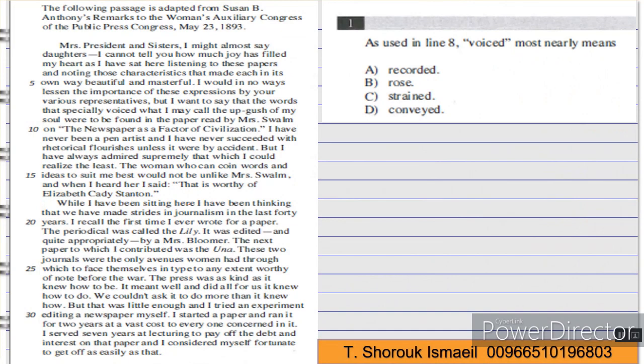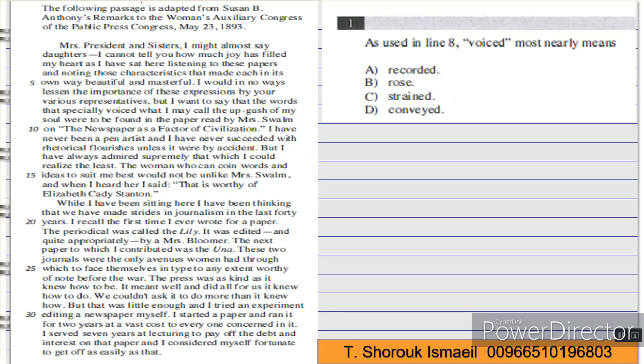Let's have examples for what we are explaining. Here we have a passage. The following passage is adapted from Susan B. Anthony's remarks to the Women's Auxiliary Congress of the Public Press Congress, May 23rd, 1893.